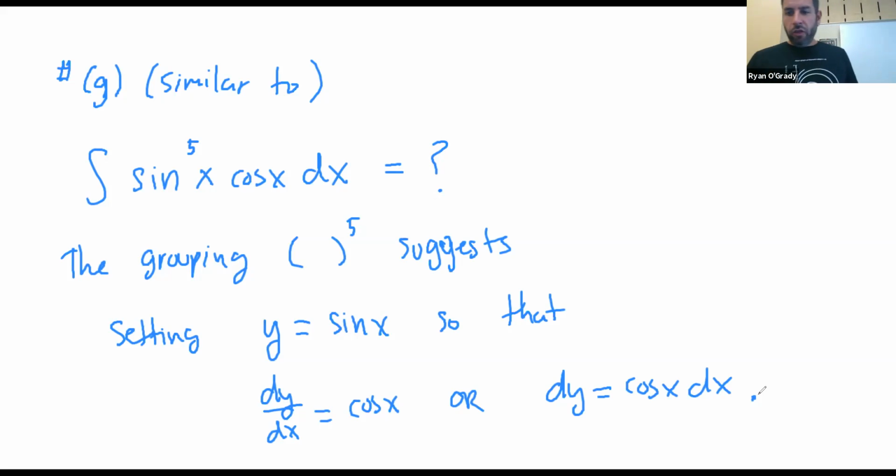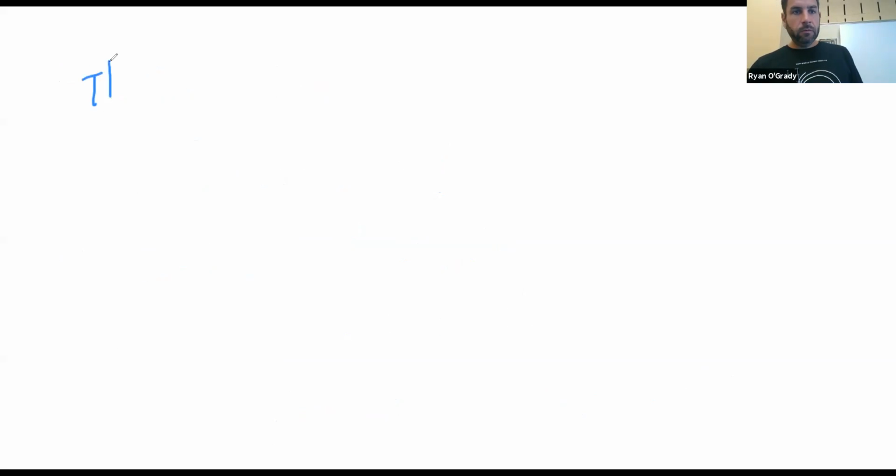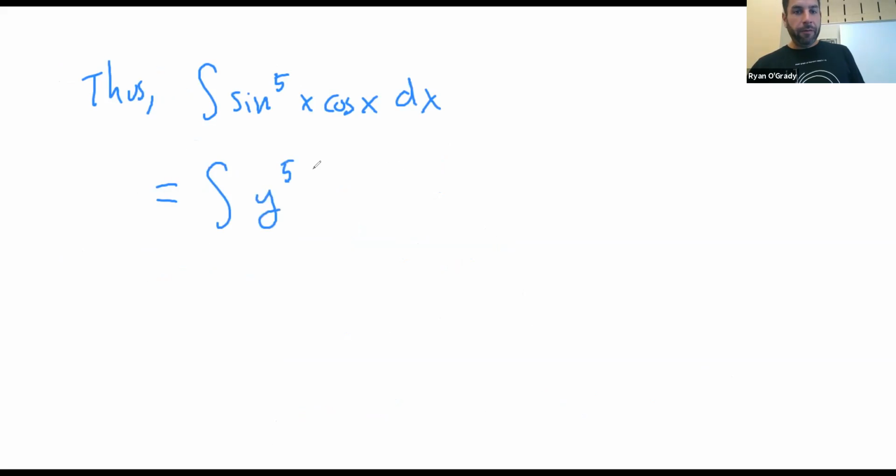All right. So what do I mean that this becomes a baby integral? Well, when I plug this in, the integral of sine to the power fifth of x, cosine of x dx becomes the integral of y to the fifth dy. That's it.